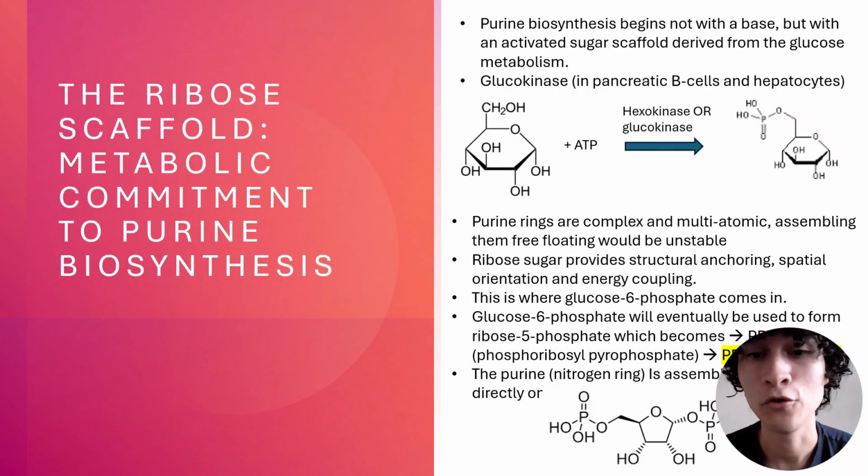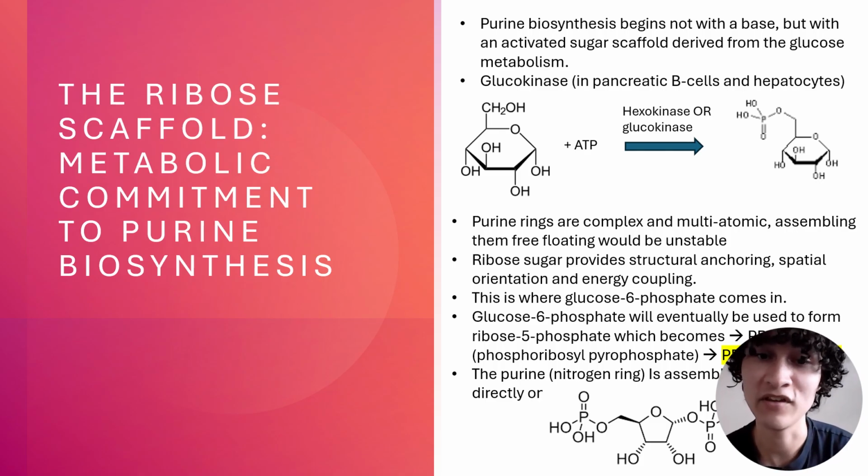As I said before, purines have a much more complex structure than their pyrimidine counterparts. Purines are these complex multi-atomic rings. They've got that imidazole ring and that pyrimidine ring. So if you assembled them free floating like you do pyrimidines, it would be a lot more complicated. They're more unstable and it could contribute more to toxicity.